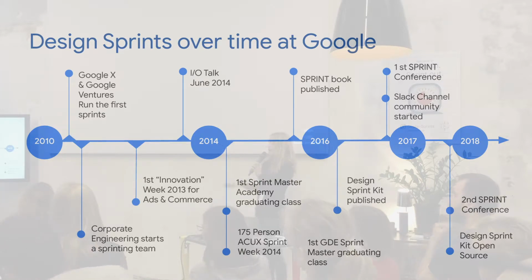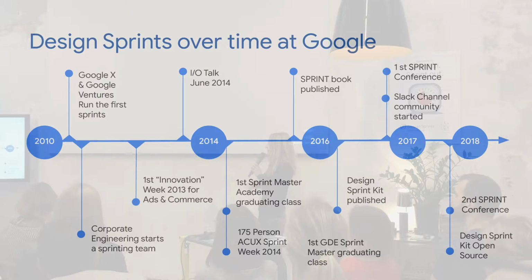And the first innovation week in 2013 was when I was first introduced to this design sprint methodology. And this is when I was like, oh, this is amazing. This is so much better than how I'm working today. After that, we had our first academy in 2014, and I was one of the first graduating class, and I said, sign me up, I'll do whatever needs to be done here.